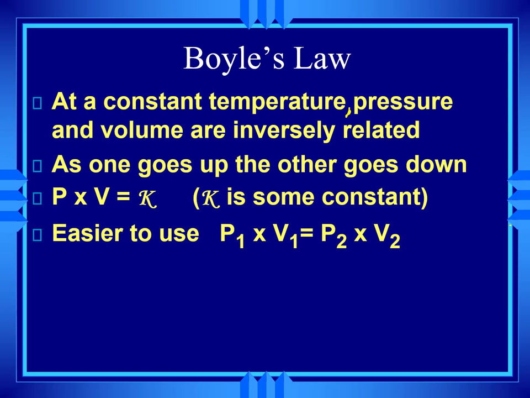And when you solve it, you can use that equation. If I give you 3 of the numbers, you can figure out the 4th. So I can tell you 2 pressures and 1 volume. That means you start off with this pressure and this volume. Here's the new pressure. What's the new volume? Or vice versa. 1 pressure, 1 volume. Here's the new volume. What's the new pressure?